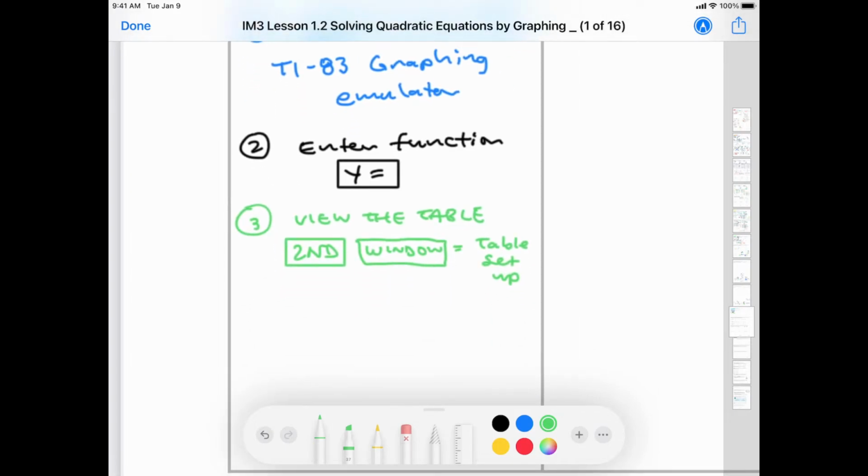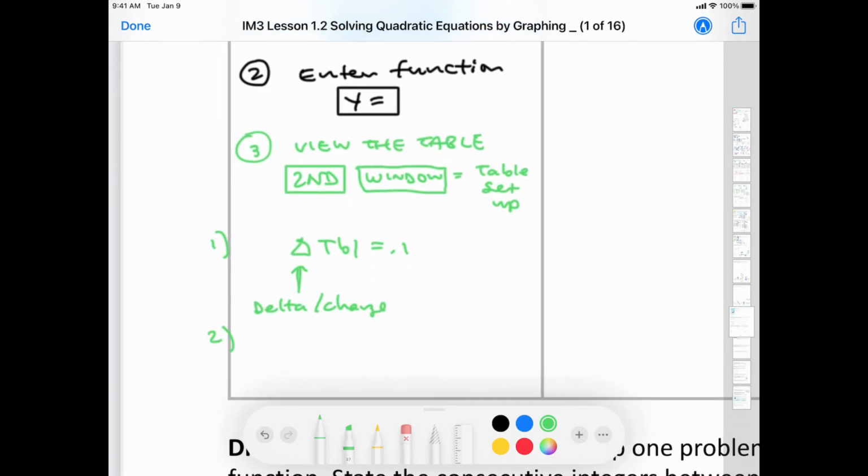When you view the table, basically what we're looking for are sign changes in the x's and y's, and we're looking for a y value of 0. Delta means change, so change in the table, it'll say TBL. You want to change it to 0.1. That's one thing you need to do in there.